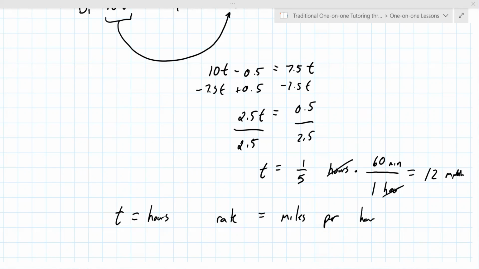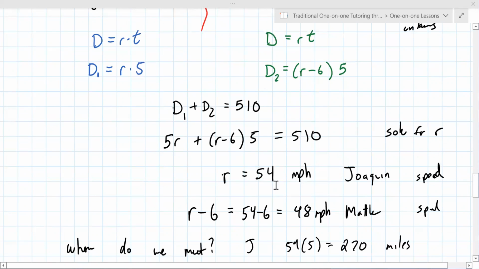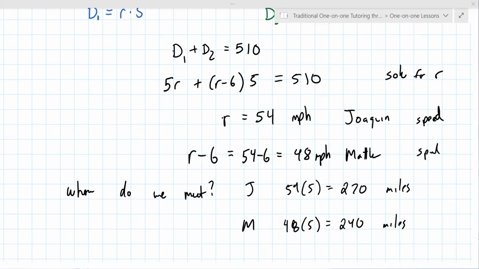Okay. So we've done a problem where we solve for time, solve for rate, and then distance. We could do 28. Let me see what else you got here.